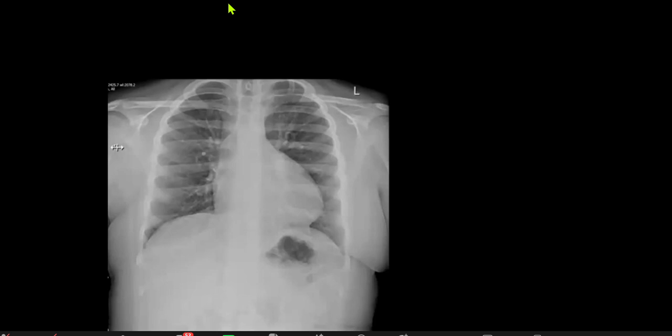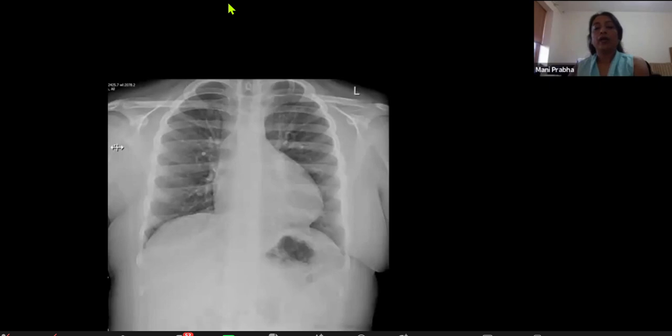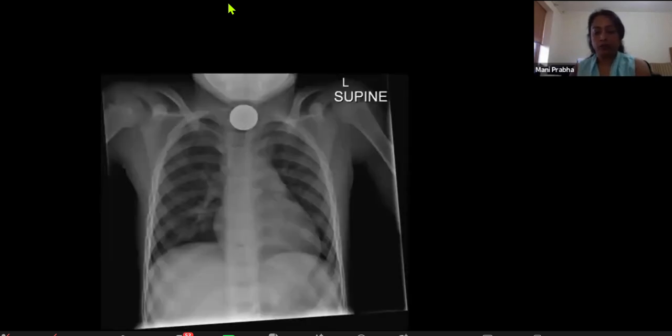So I'm thinking of truncus arteriosus. Okay, we'll discuss in the end. Let me go through, because the cases are jumbled up, and then we'll go through the diagnosis later on.